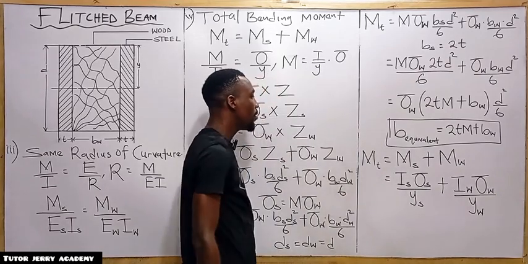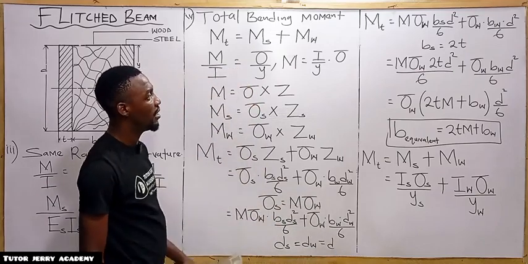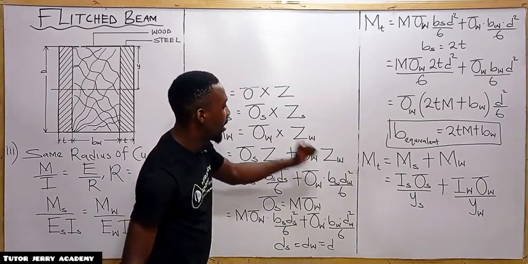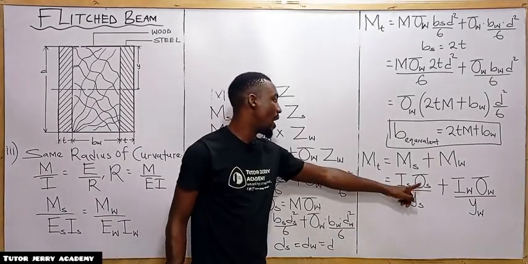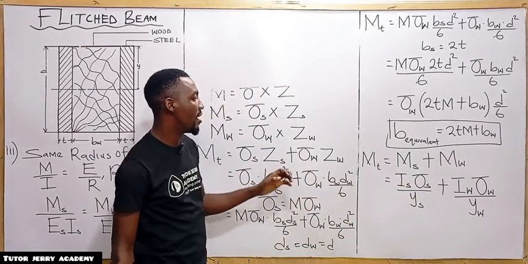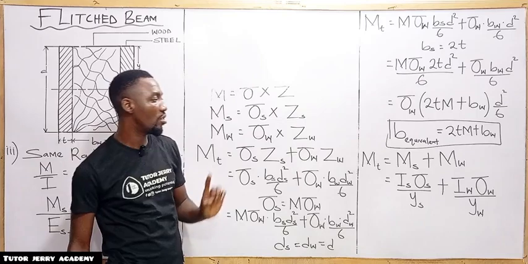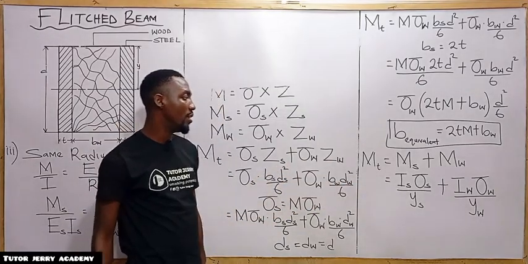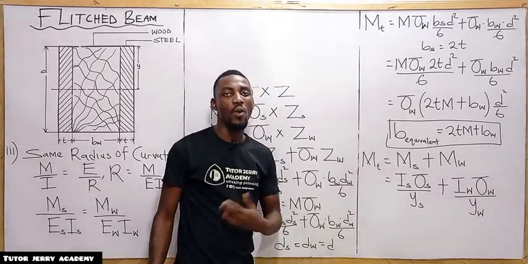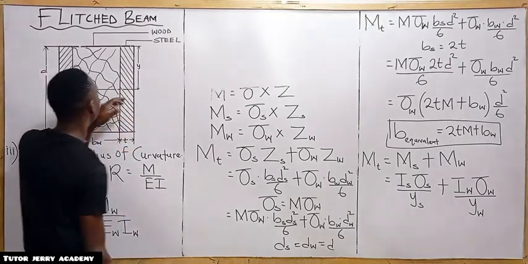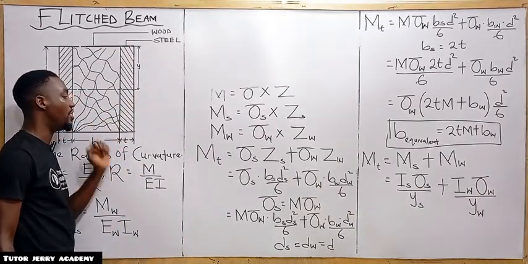All right, so now the next thing we are going to do, for us to continue, I will have to clean. So now you are going to note carefully here that we already have a formula for our stress of steel, which is the modular ratio multiplied by the stress of the wood. So we are going to substitute that there. And again you are going to note that this y here is y max, that is the distance from the neutral axis to the top part of the section.